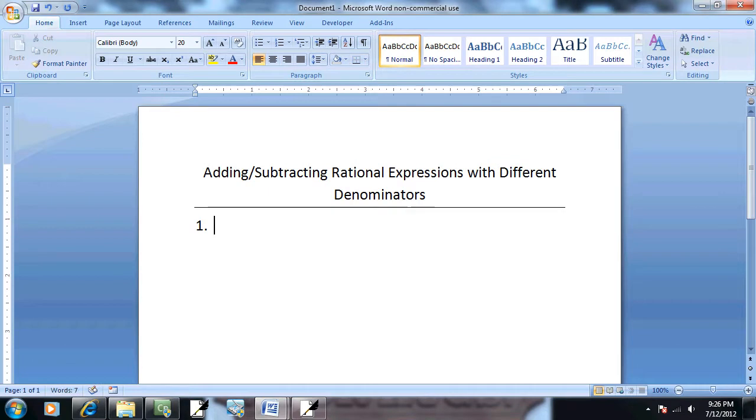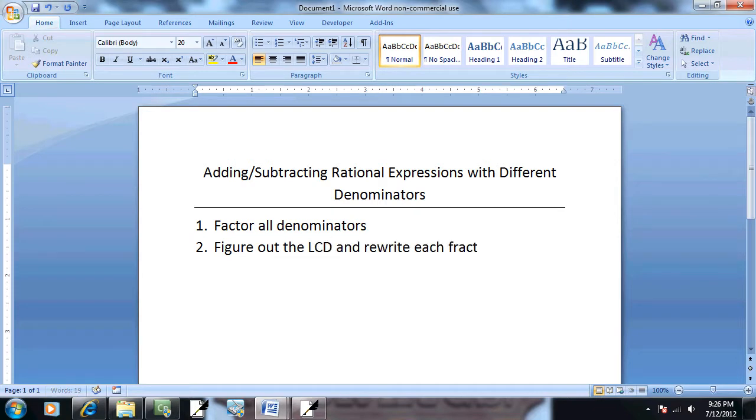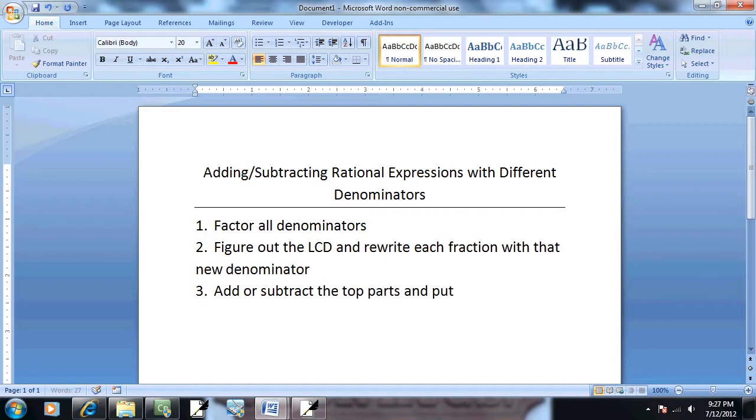Okay, step 1: factor all denominators. Step 2: figure out the least common denominator, LCD, and rewrite each fraction with that new denominator. Step 3: add or subtract the top parts, the numerators, and put into a single fraction.